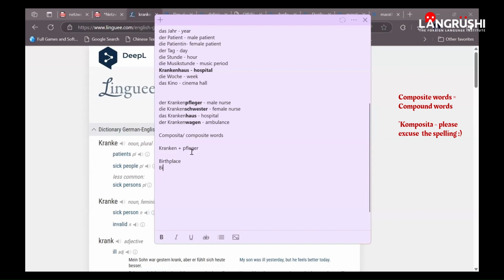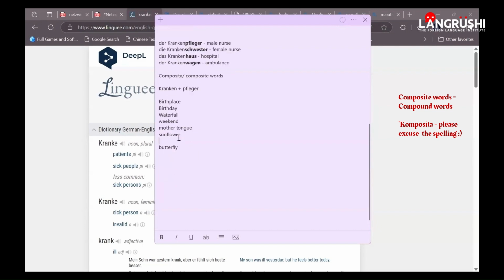Similarly, birthday, waterfall, mother tongue, weekend, sunflower, butterfly. Schmetterling, one word. Like this in English.